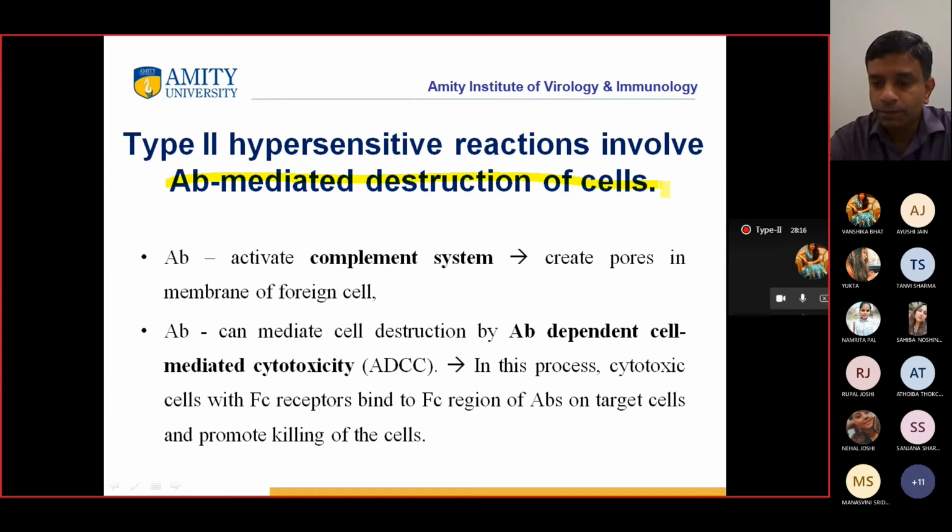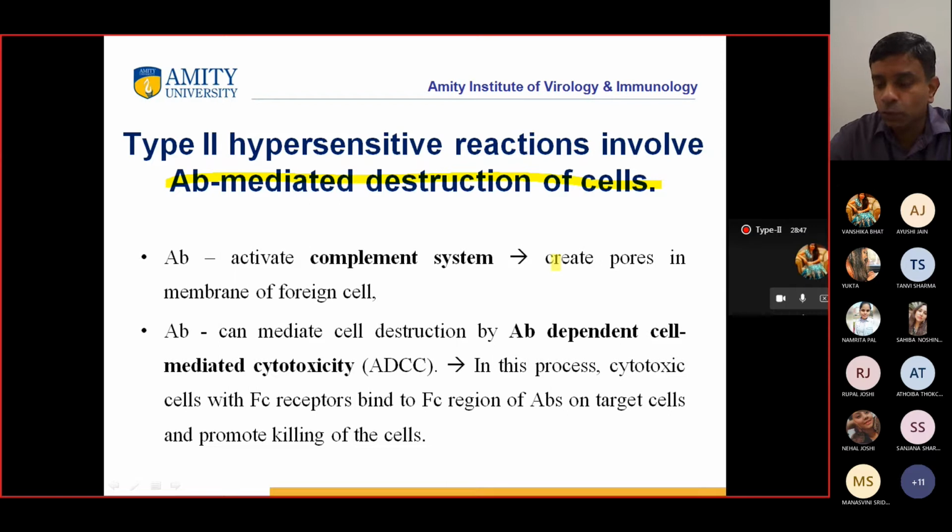But students, we studied the complement pathway just before this, right? In the complement system, the classical pathway was getting activated with the help of antibodies, so the classical pathway was antibody dependent. We all know that antibodies activate the complement system, and when it gets activated, it creates pores in the membrane of foreign cells.